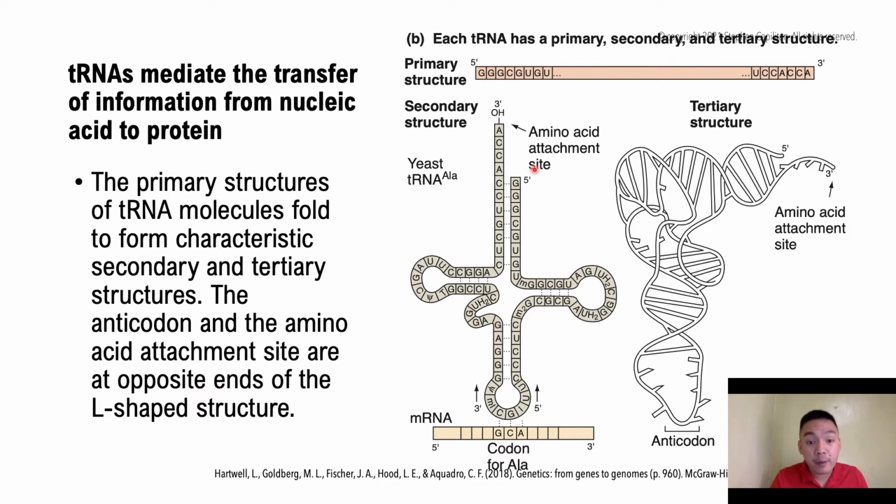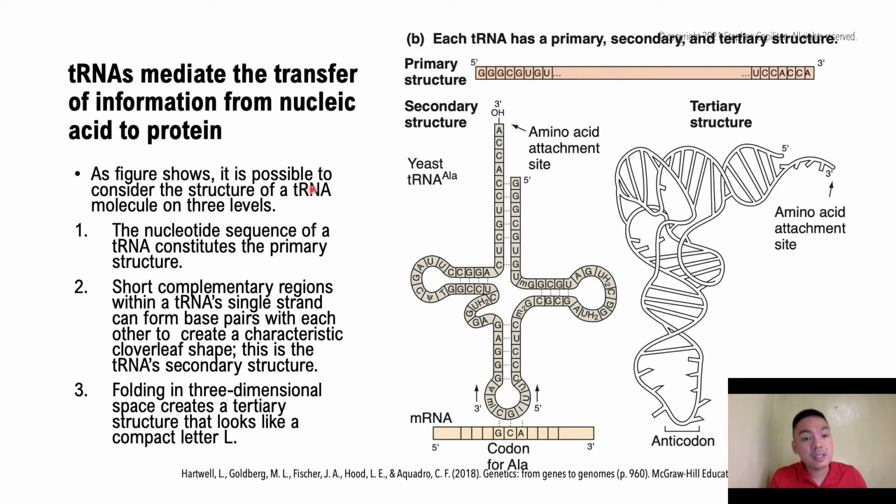This is your 5'. This is your yeast tRNA of alanine. It has 5' and 3', and this is your amino acid attachment site. This is where the amino acids are attaching, forming a polypeptide chain. These are your anticodons, and this is your mRNA codons. These are the arms, as shown earlier from the previous slide.